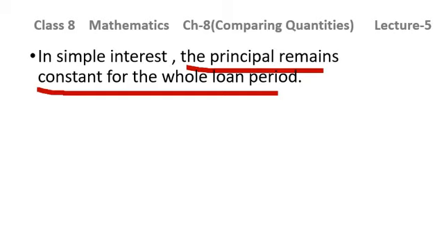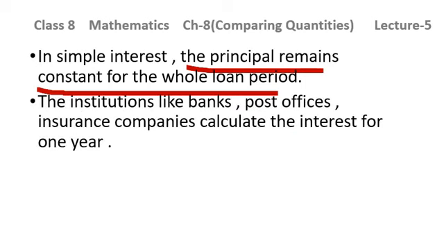But actually, if we talk about the practical scenario, the method according to which banks, post offices, insurance companies and other financial institutions calculate the interest is different from this manner. What do they do?